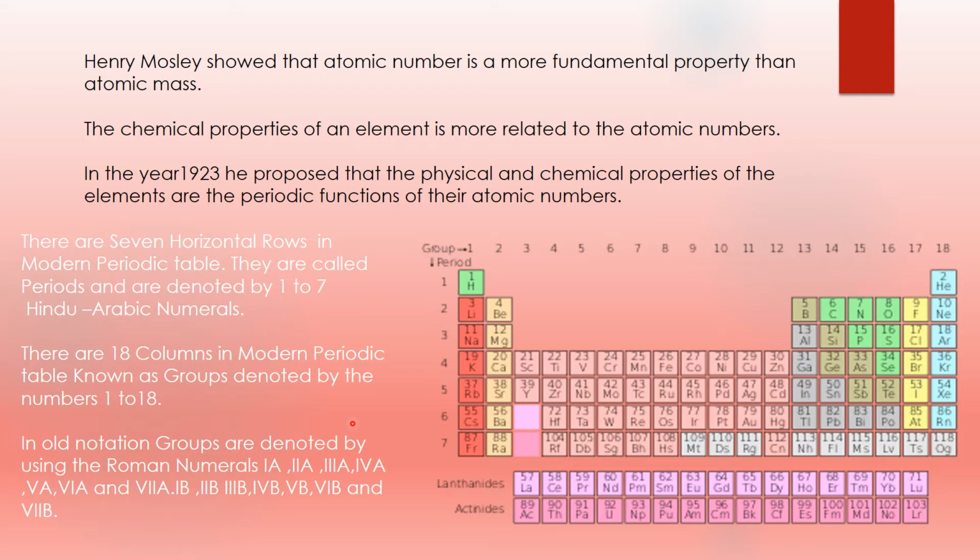In old notation, groups are denoted by using the Roman numerals 1A, 2A, 3A, 4A and so on. In the modern notation, we are using numbers 1 to 18. In olden days, the first group is known as 1A. This is the second group, 2A. And this boron family is known as 3A, the 13th group, then the 14th group, 4A and so on. Are you clear about that one?